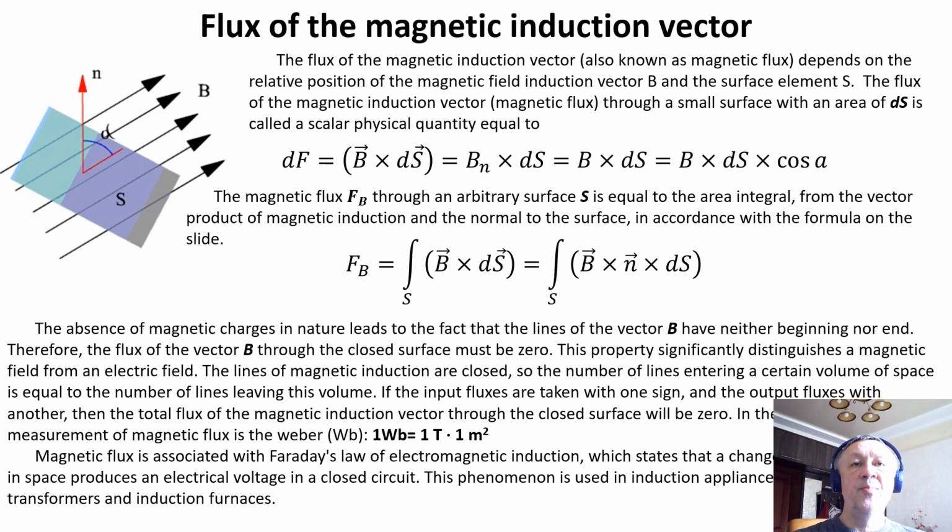The lines of magnetic induction are closed, so the number of lines entering a certain volume of space is equal to the number of lines leaving this volume. If the input fluxes are taken with one sign and the output fluxes with another sign, then the total flux of the magnetic induction vector through the closed surface will be zero.